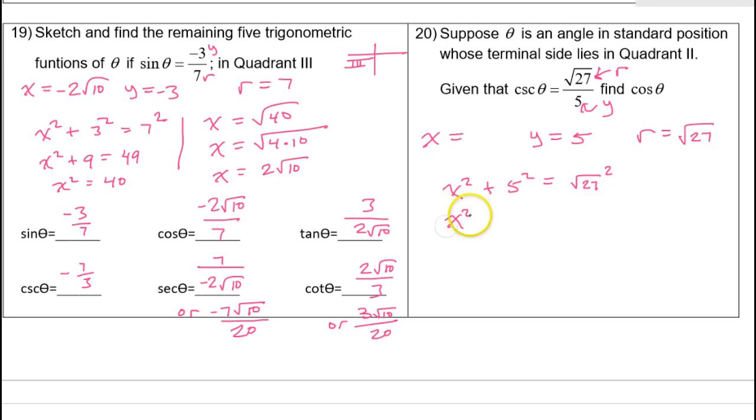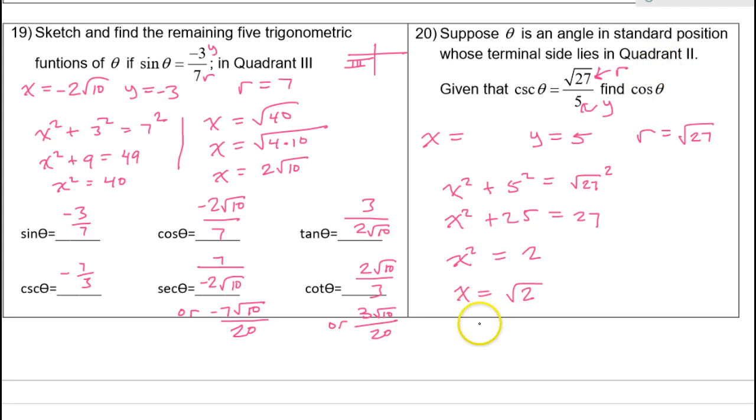So that's going to be x squared plus 25 is equal to 27, because the radical goes away. Subtracting 25 from both sides, that's going to be x squared is equal to 2. Taking the square root of both sides, x is equal to the square root of 2.